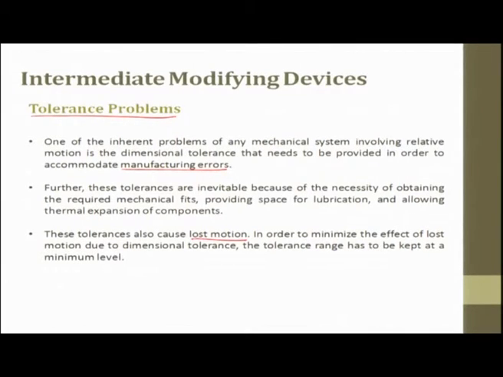In order to minimize the effect of lost motion due to dimensional tolerance, the tolerance range has to be kept at as minimum a level as possible: 40 plus or minus 0.5, 40 plus or minus 0.3, 40 plus or minus 0.1. The tolerance level has to be kept as small as possible so that the lost motion is reduced.